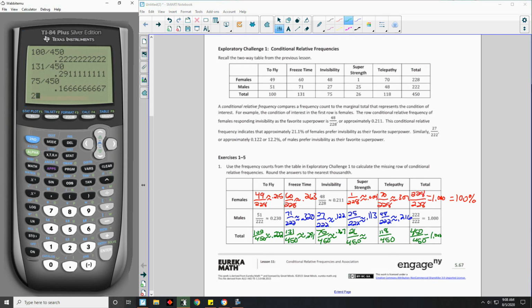And then 26 out of 450 is 0.058. And then 118 out of 450 is 0.262. Okay, so there's our table filled out.